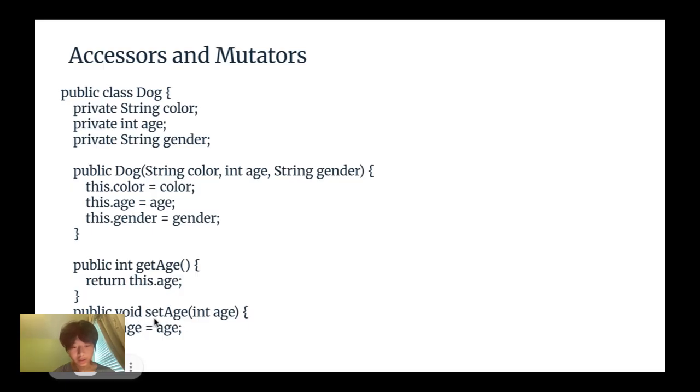For example, here you can add a conditional statement saying that age cannot be less than 0. And so by doing this, you're ensuring that each instance's attributes are protected and can only be manipulated through the accessors and mutators methods. They're also called get and set methods.